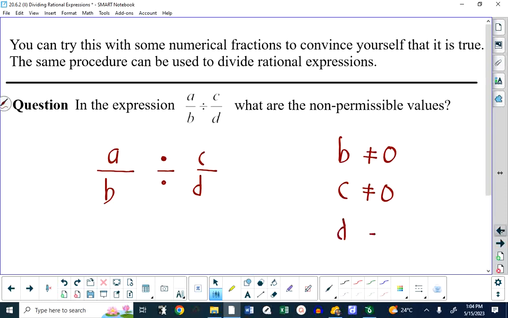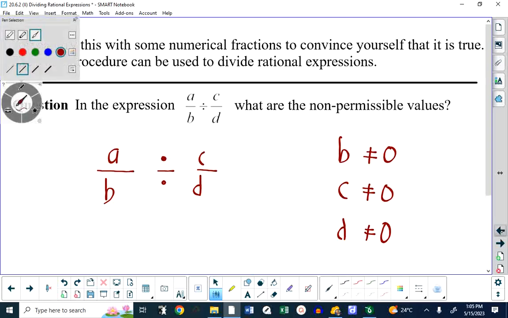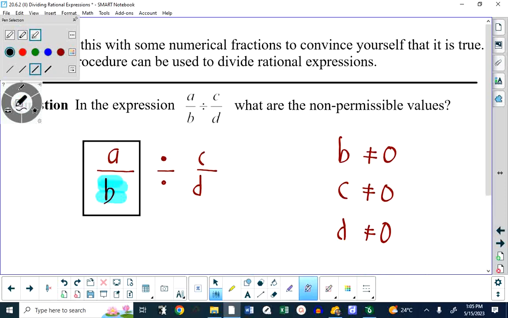So my first question to you is this. Why is B not allowed to be 0, Jay? You said B. Why is B not allowed to be 0? Right, a fraction with a denominator of 0 is not defined. So this thing that I'm going to highlight is not allowed to be 0 because if it is 0, then this fraction is not defined.